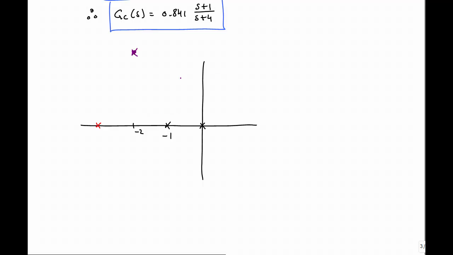And let's say we put our zero just to the left of this. Let's say we placed it right here at minus 2.